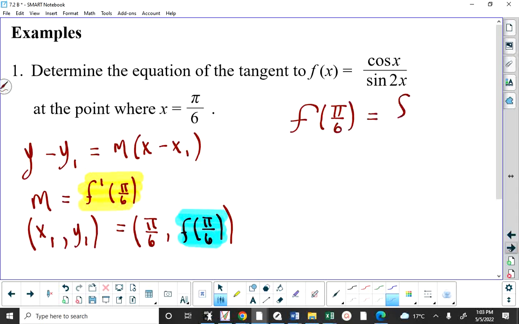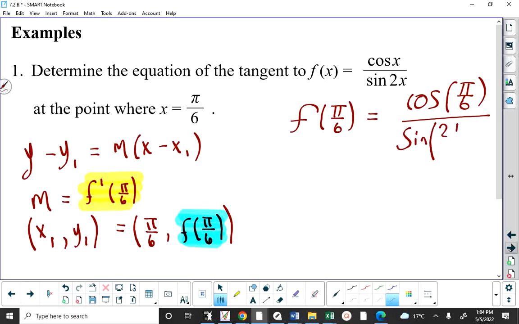which will be cosine of pi over 6 divided by sine of 2 times pi over 6.